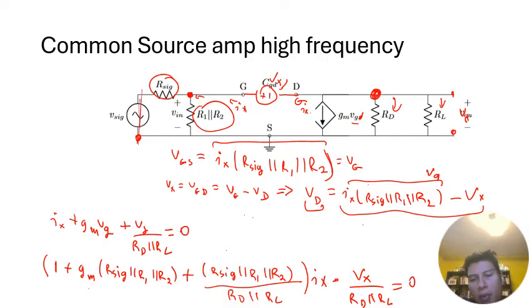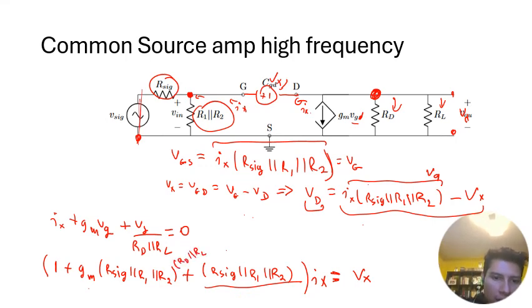And so we move all the Vx terms to the other side. So that's just going to give us that this has to be equal to that. We multiply out by RD in parallel to RL. So that's going to give us this. It's going to cancel out this one. And then this is going to be RD parallel to RL.